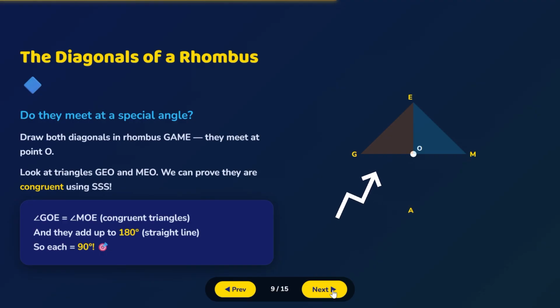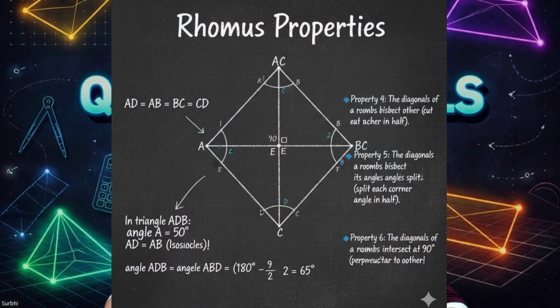This means that angle GOE is equal to angle MOE, and since they add up to 180 degrees, that is a straight line, each must be 90 degrees. So our property 4 says the diagonals of a rhombus bisect each other. Property 5 says the diagonals of a rhombus bisect its angles, and the sixth property is that the diagonals of a rhombus intersect at 90 degrees, that is, perpendicular to each other.